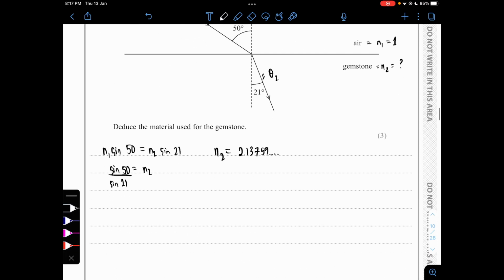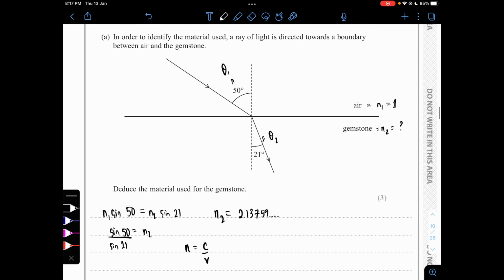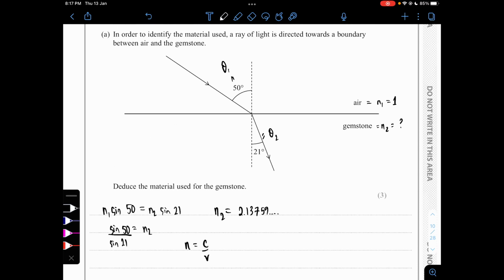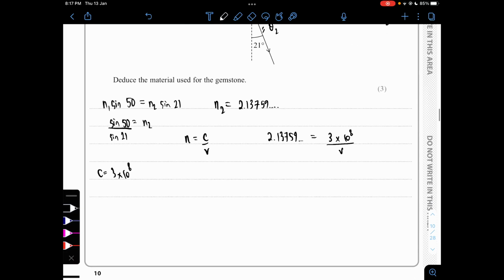If you remember, we have n equals c over v. This is the other formula that we also know for materials and boundaries between different materials. So in this case, that would be 2.13759 equals, so c is what? C is 3 times 10 to the power 8, the speed of light, over v. Okay, what about our v?